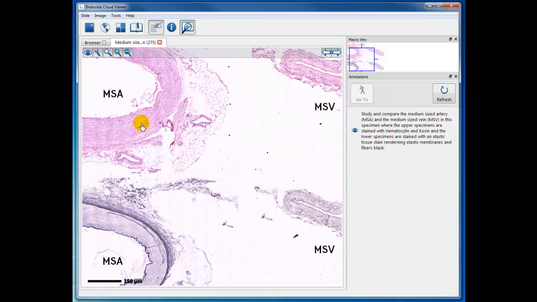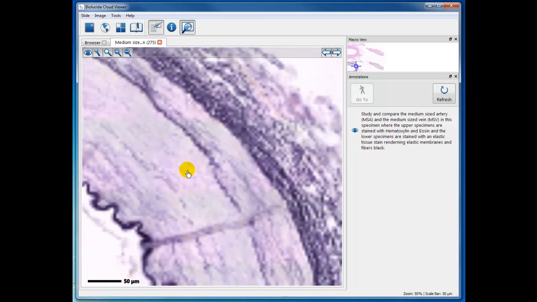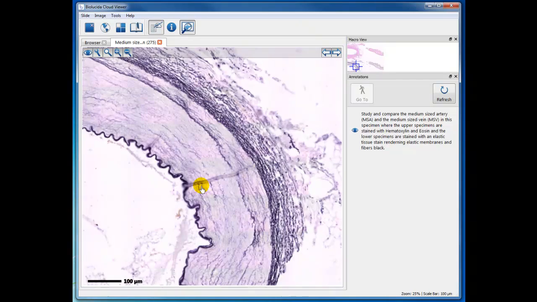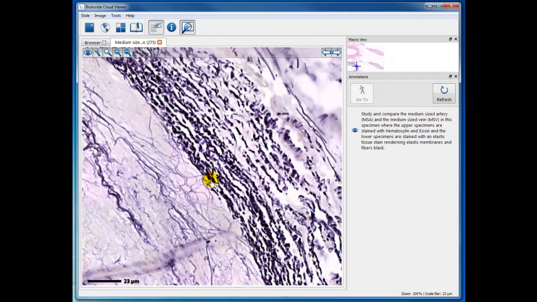But down below, if you look at this, you'll see some of the elastic fibers here, but you only have the internal elastic membrane, and then you have a membrane on the outside that perhaps the first one could be considered as an external elastic membrane, but most of these are broken up into thicker elastic fibers.